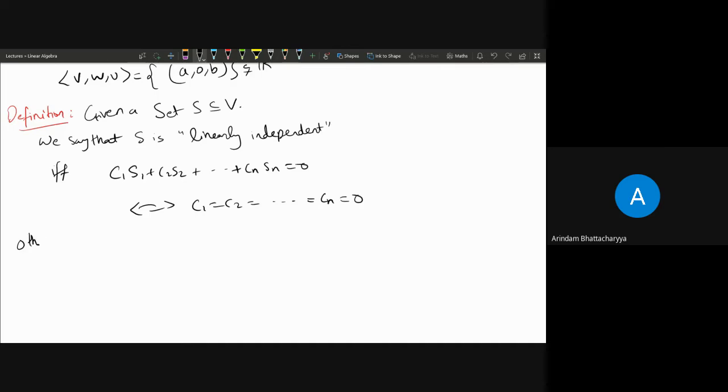And otherwise, we call it linearly dependent.